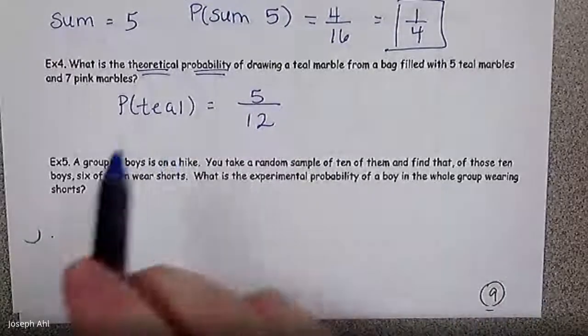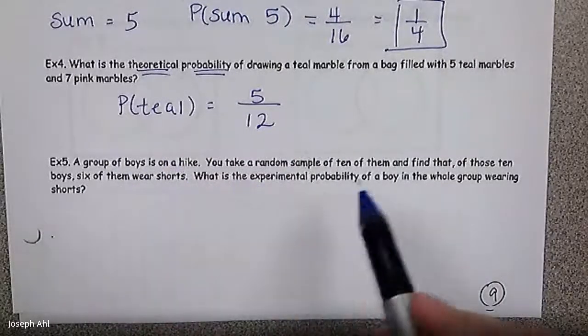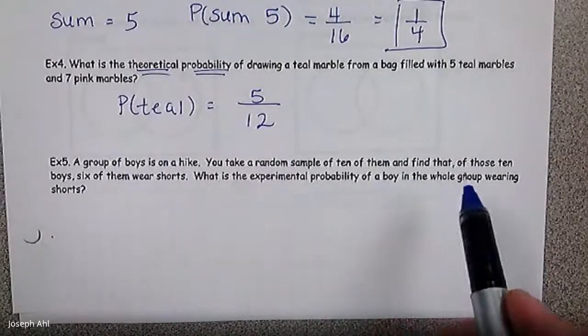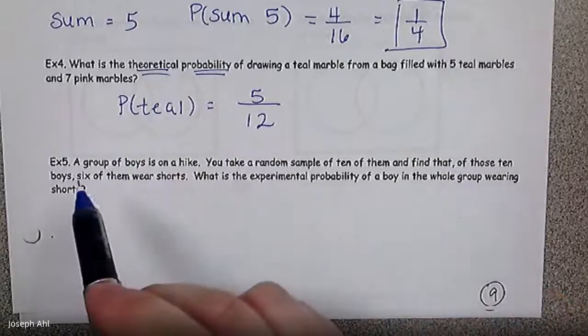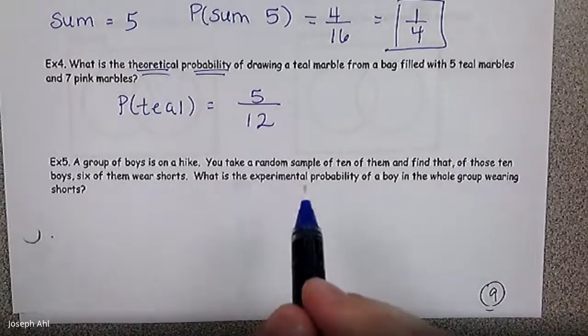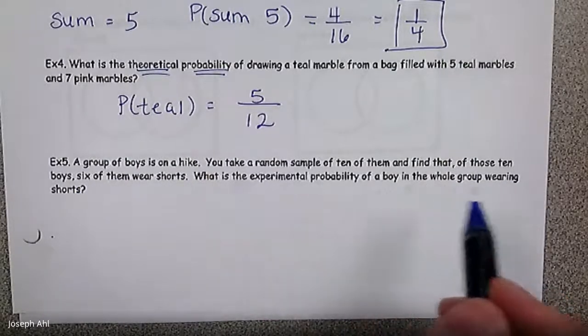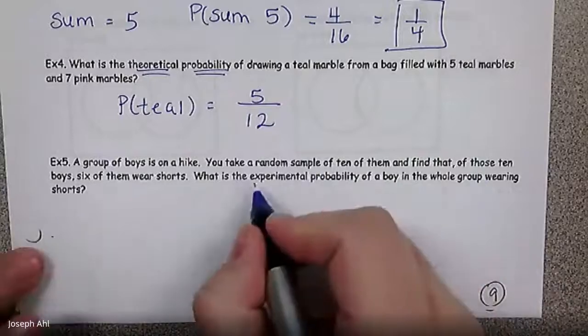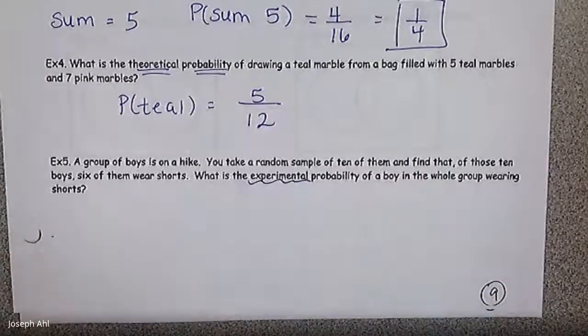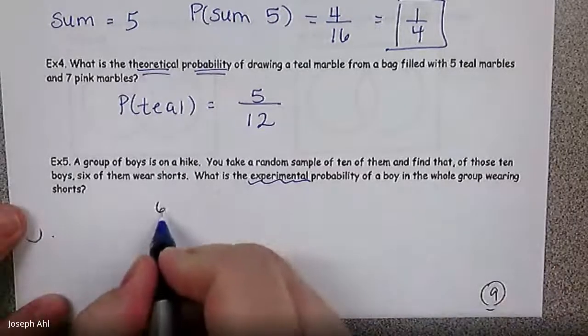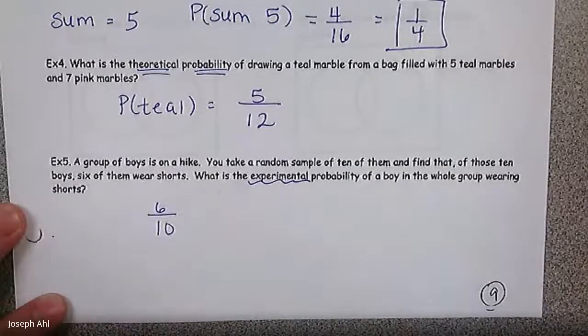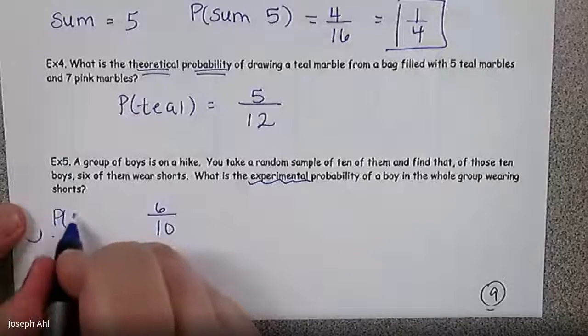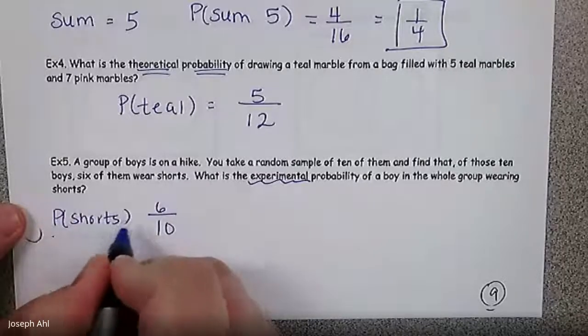And finally, one more quick example. A group of boys is on a hike. You take a random sample of 10 of them and find that of those 10, 6 of them are wearing shorts. What is the experimental probability of a boy in the whole group wearing shorts? So experimental probability is we're looking at the data within our group right now. And because 6 of the boys are wearing shorts out of 10, that would have to be the probability that a boy wears shorts.